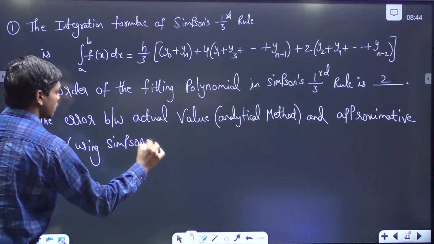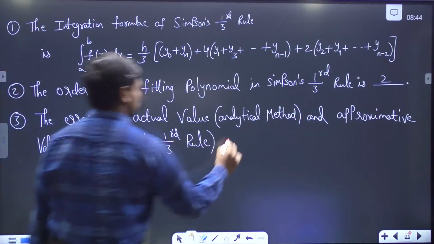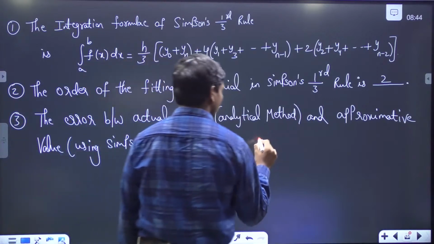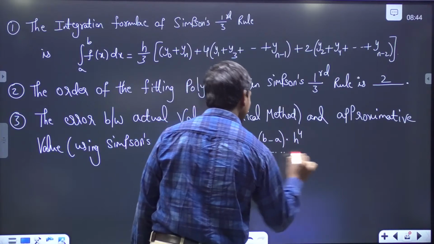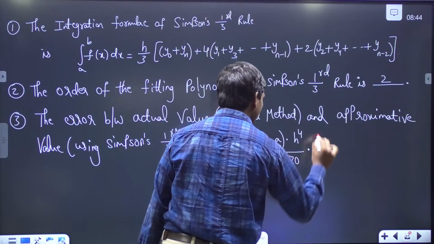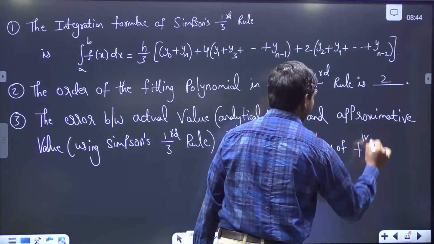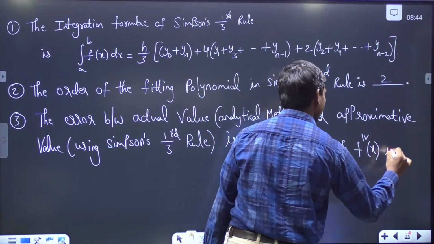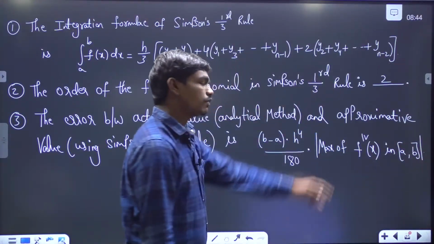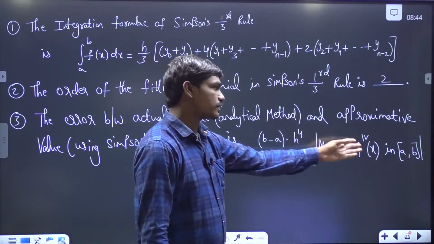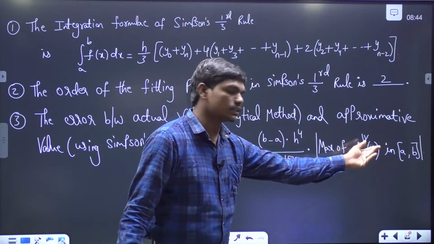The error is b minus a into h power 4 divided by 180 into modulus of maximum of f fourth derivative of x in a comma b. Okay, this is the fourth derivative. Generally first derivative, second derivative, double dash of x, triple dash of x, and fourth derivative of x. So if you know f of x, you can calculate the fourth derivative of x in a comma b.